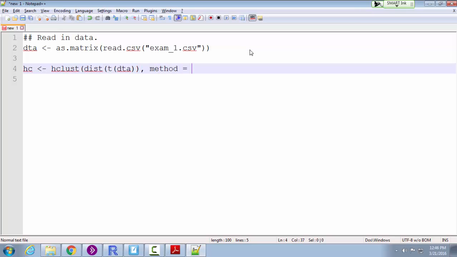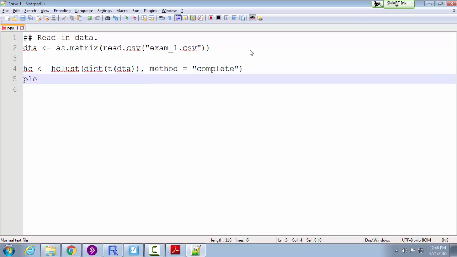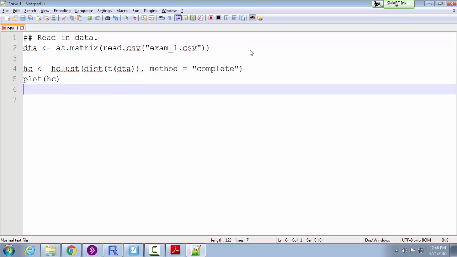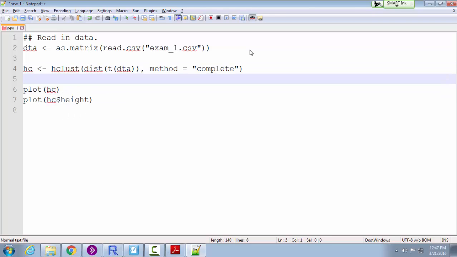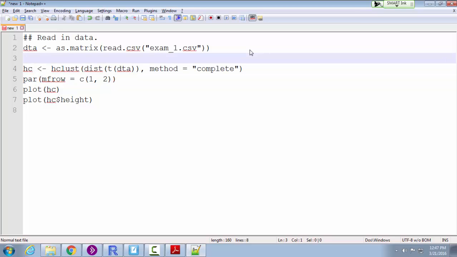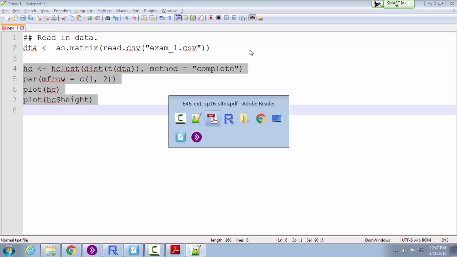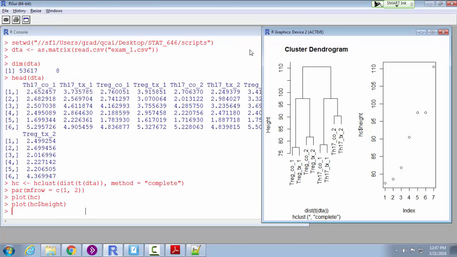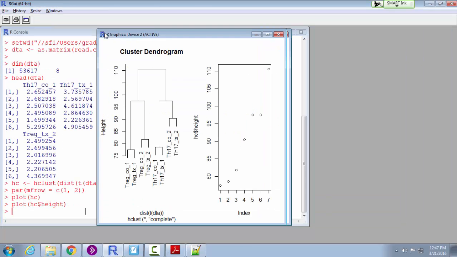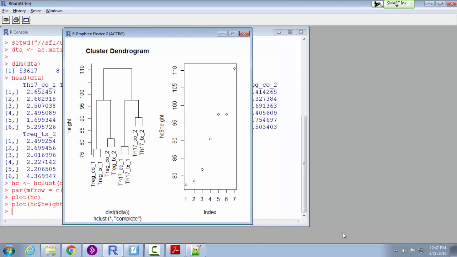Method equals complete. And we can plot that, and we can plot the merge heights. So this was what came out of hclust.